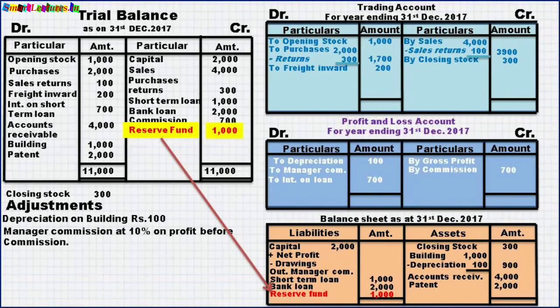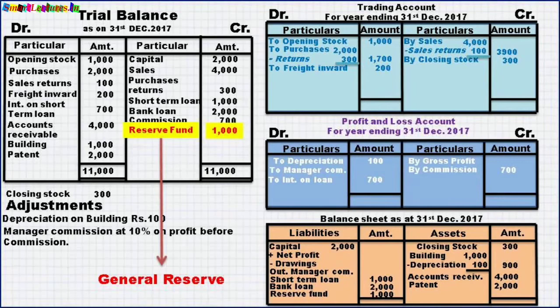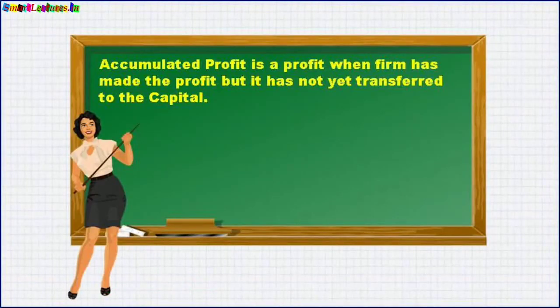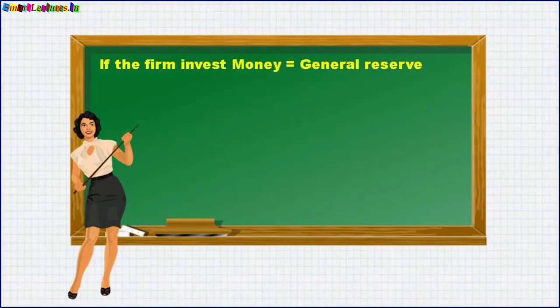Reserve fund is nothing but a general reserve, means this is an accumulated profit. If there is any accumulated profit, it means the firm has made the profit, but it has not yet been transferred to the capital. If the firm invests money equal to the general reserve somewhere, then that general reserve becomes reserve fund.